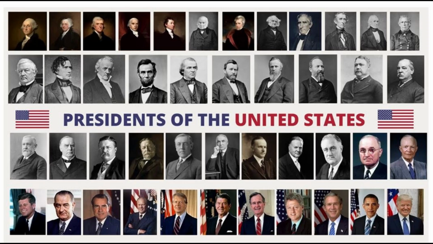Instead, on the first Tuesday after the first Monday in November of every 4th year, the people elect the members of the Electoral College. Apportioned by population to the 50 states, one for each member of their congressional delegation, with the District of Columbia receiving 3 votes, these electors then cast the votes for President. There are currently 538 electors in the Electoral College.